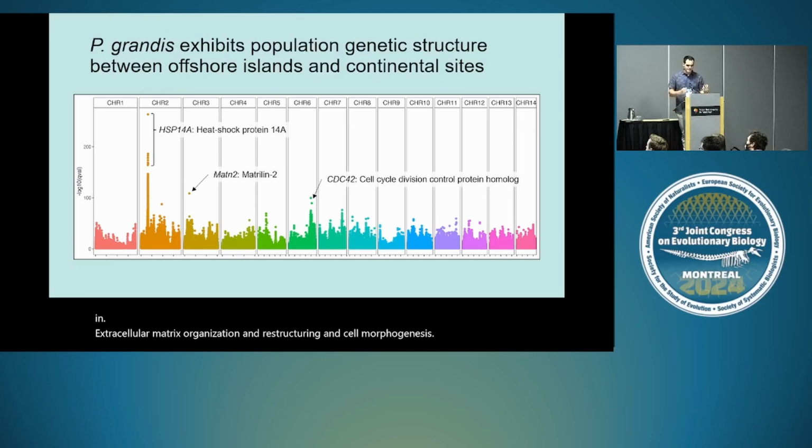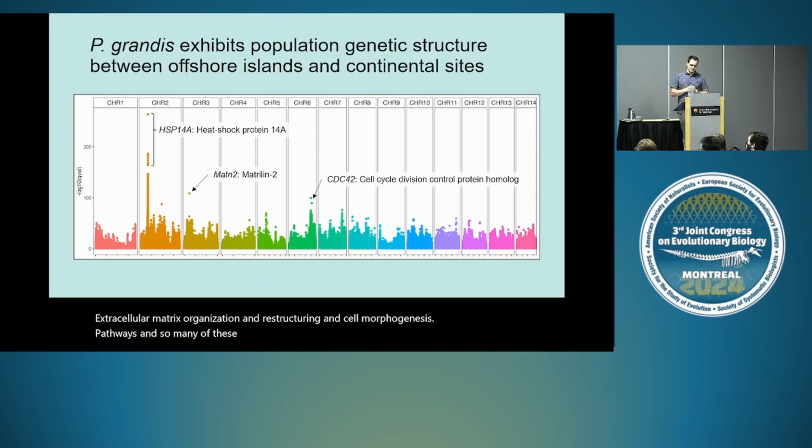And so many of these loci under selection between these two lineages are enriched in genes broadly involved in metabolism and stress responses, cell morphogenesis, and environmental sensing, which is beginning to provide us early insights into how these corals may be adapting to their local environments in the offshore and continental sites.